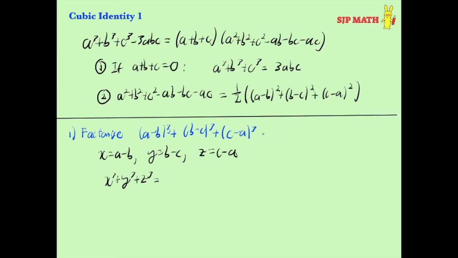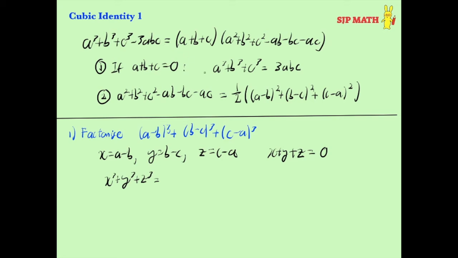Looking at this, we can easily see that if we add all these expressions together, the variables a, b, and c cancel out and leave us with 0. So x plus y plus z is equal to 0.